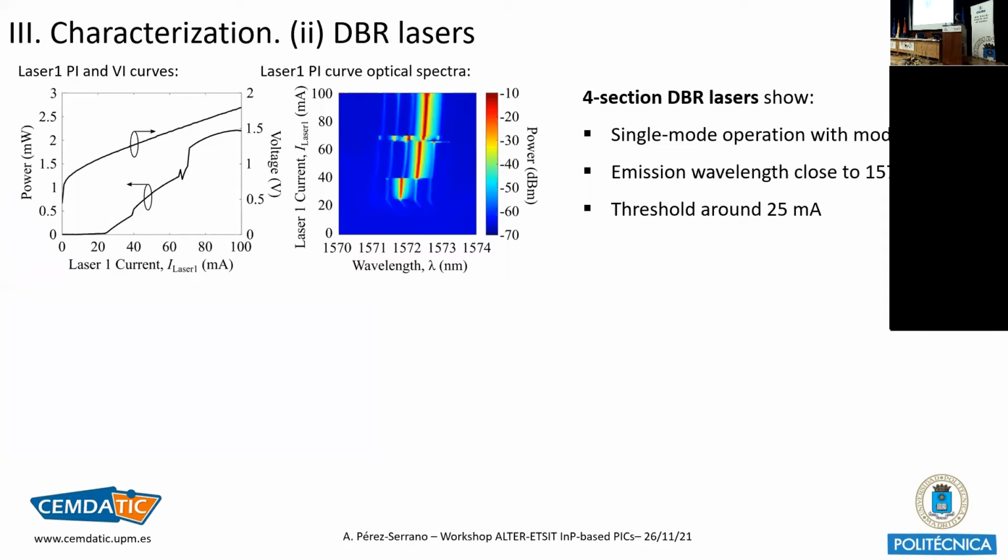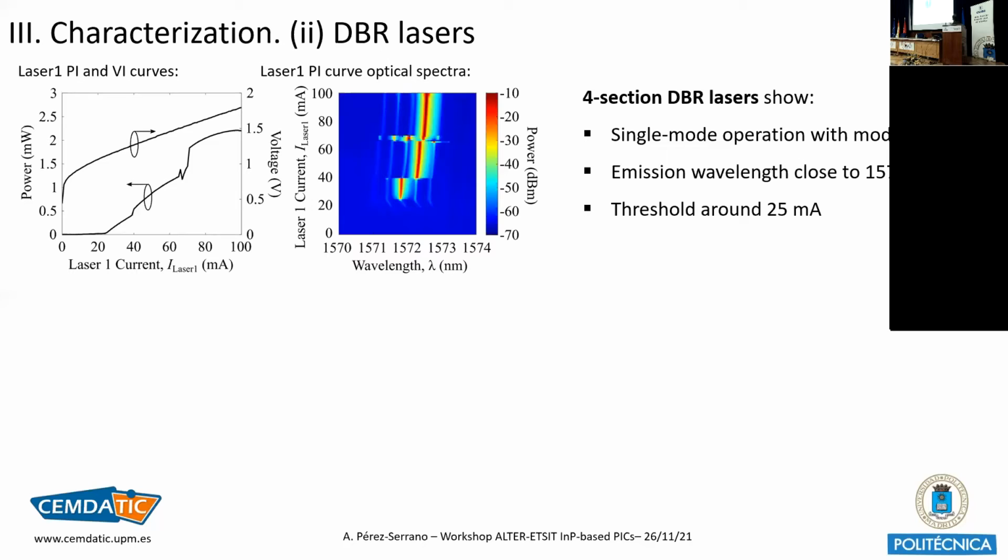About the results of the characterization, this is a PI curve of one of the lasers. Here I'm showing you the PI curve and the voltage-current characteristics. And in this graph, I'm showing you the optical spectra corresponding to the PI curve. We can see that there is mainly single mode operation, but there are several wavelength jumps.